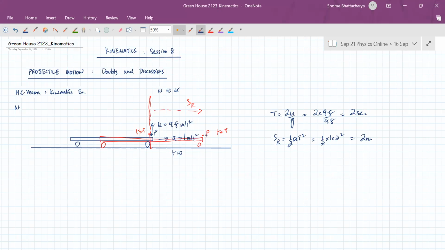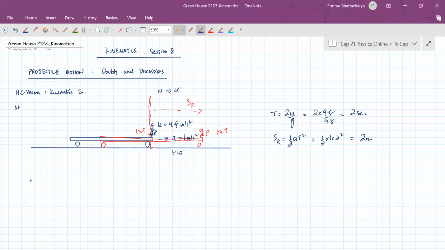As far as that boy is concerned, the projectile will fall at a point which is 2 meters behind him. So to this guy who threw the ball upwards, it will look like the ball has fallen down at a point 2 meters behind him. Okay. So Parth, hope this question is clear to you. Yes, sir. Got it. Okay, very good.